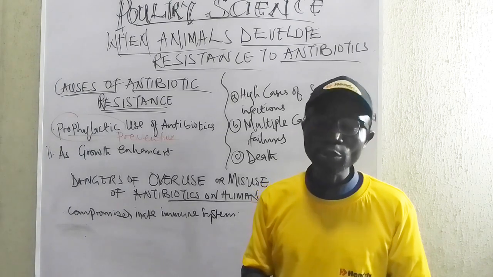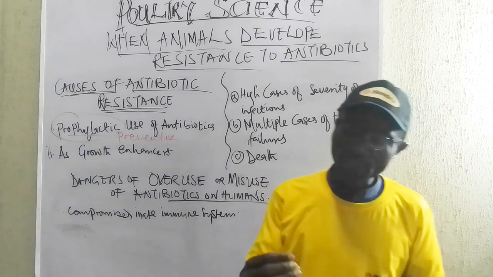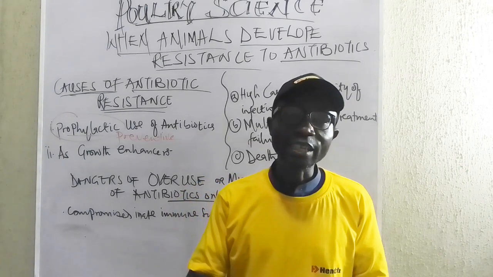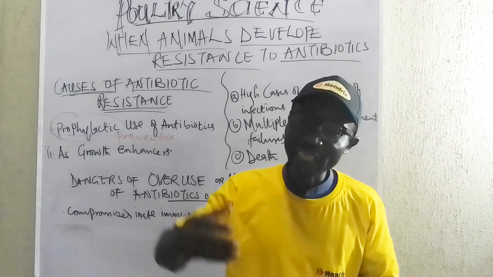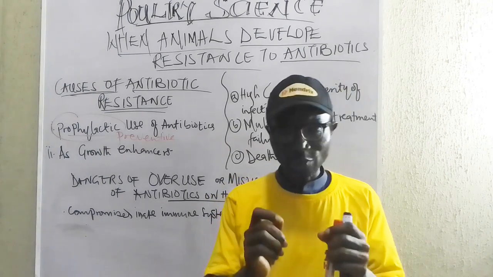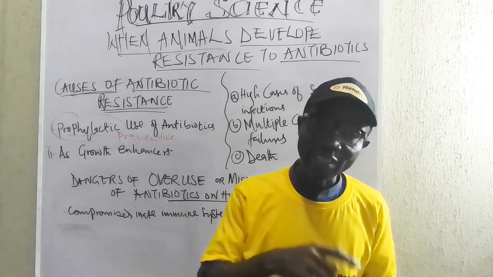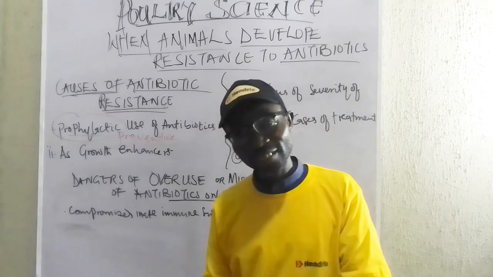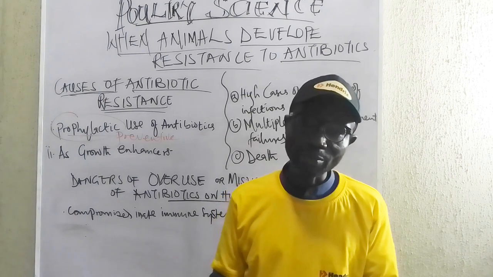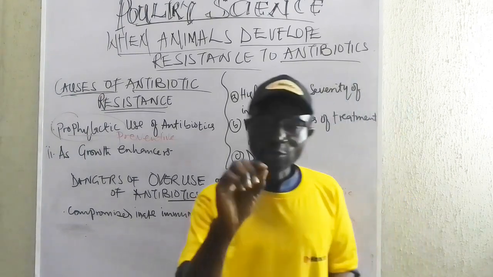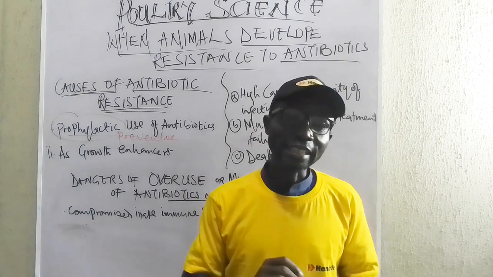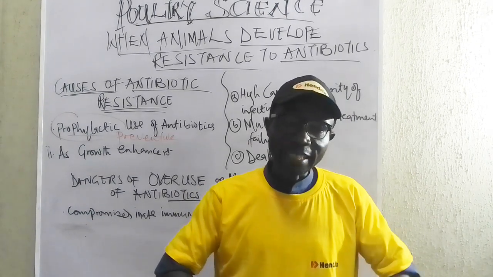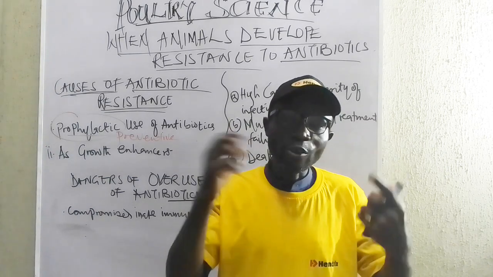But do you know the effect? Since those things are not in the right quantity, not enough to kill the bacteria, they are just in small amounts. So the bacteria does the same thing that vaccines do in the body of an animal, whether human or any animal. The bacteria take the little dose, overcome it, and keep a memory of that.